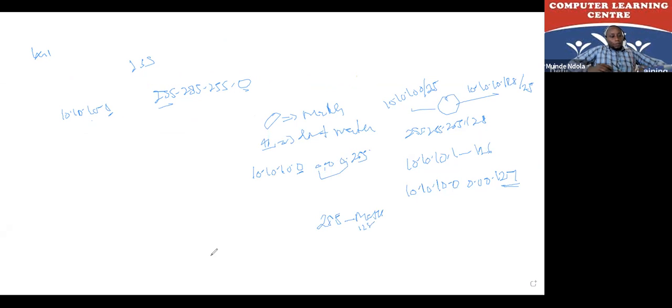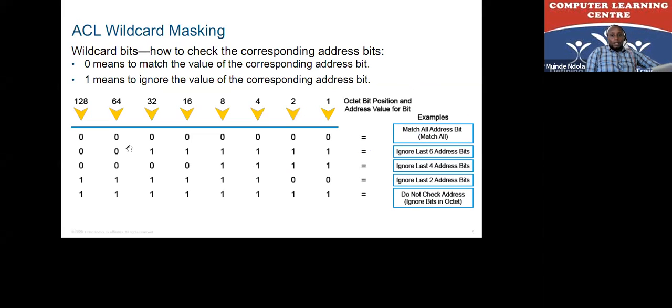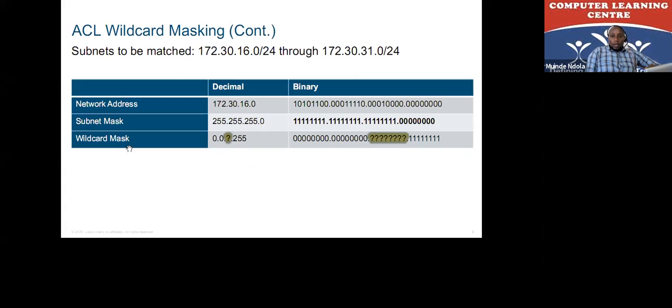So the most important part is just to get the statements, then get the wildcard mask the way you want to do it. Like in this example here, we have 172.30.16.0 through 172.30.31.0. As you can see on the third octet, we are ranging from 16 all the way to 31.